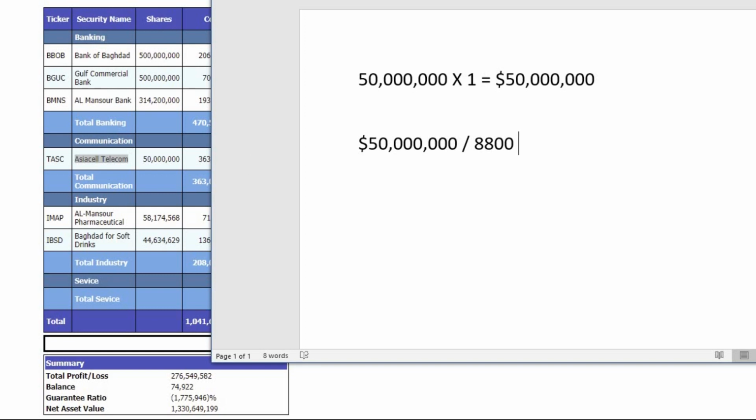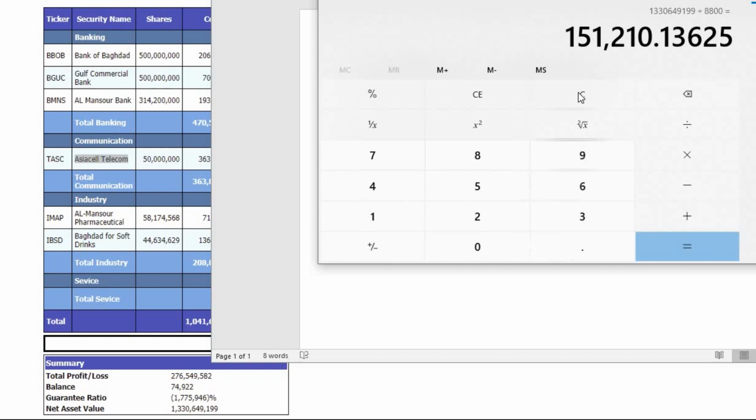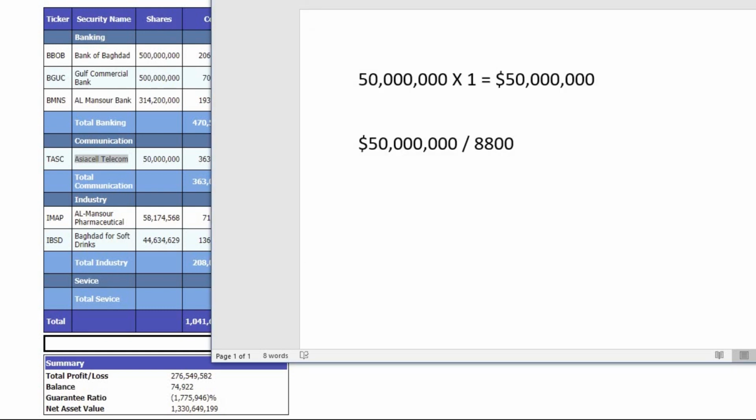So if we take 50 million divided by 8,800, you're looking at 56.81 per block.